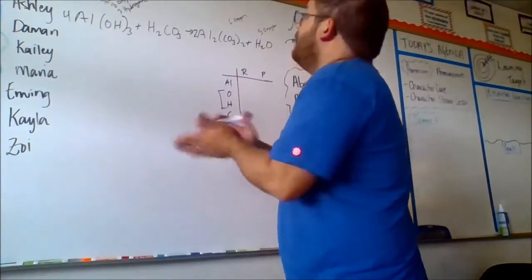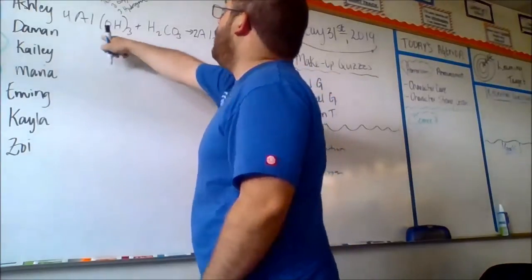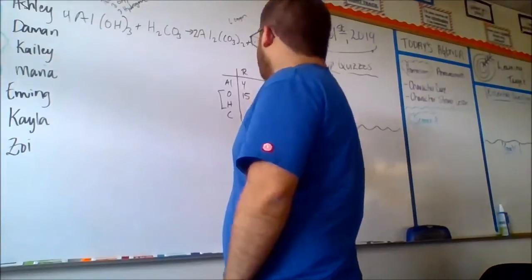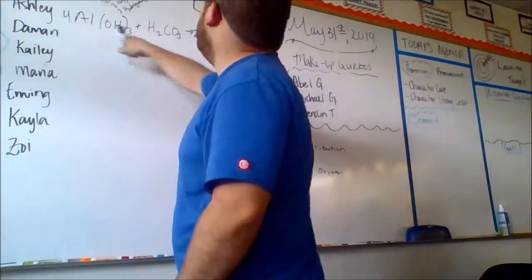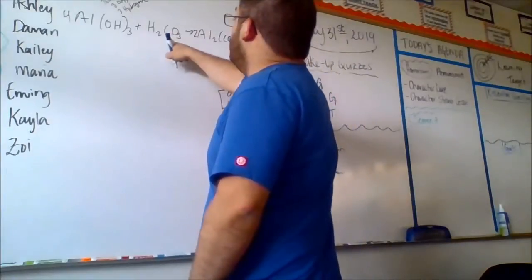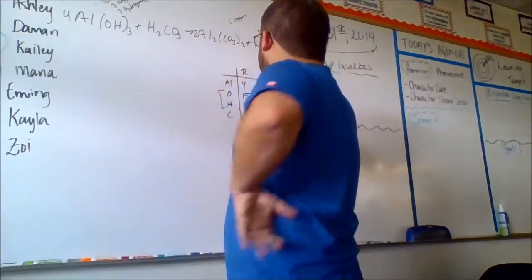Okay. So if we did that, we would have 4 aluminums. We would now have 12 oxygens plus 3, that's 15. Okay. Hydrogens, we also have 12 plus 2, that's 14. And carbon, we would have 1 currently. Okay. Here we've now got 4 aluminums.